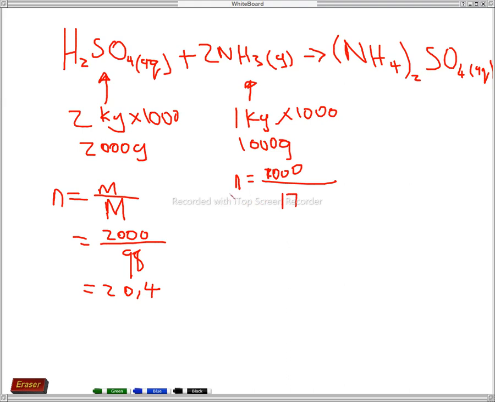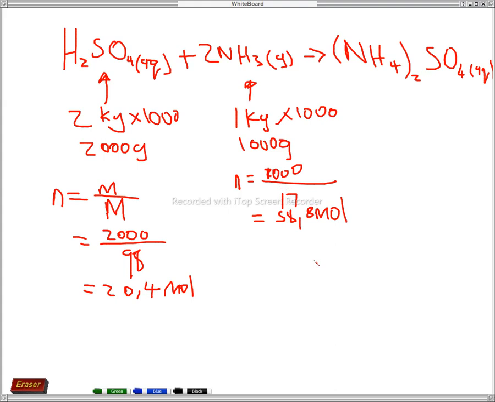And then I get my moles as 58.8 mole. Don't forget your SI unit, this is important. So this is the first step that you must do.